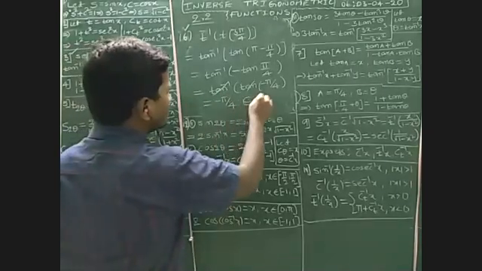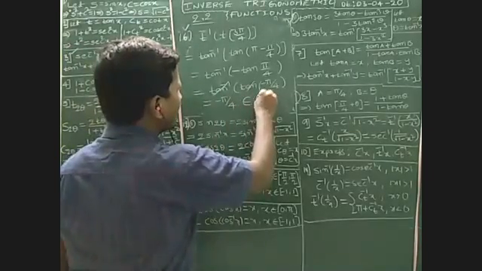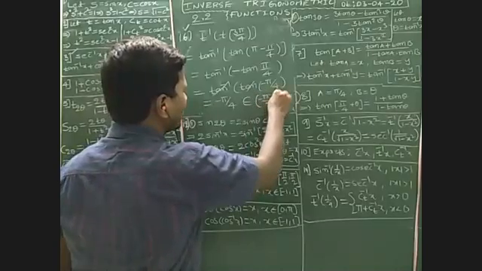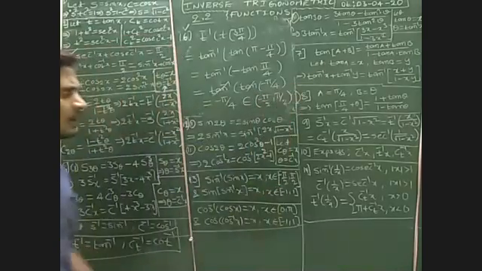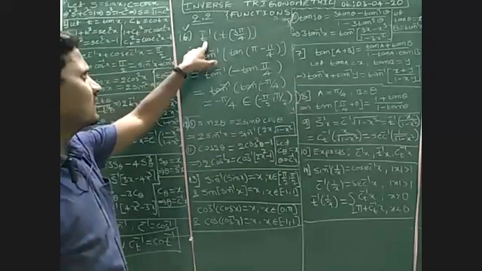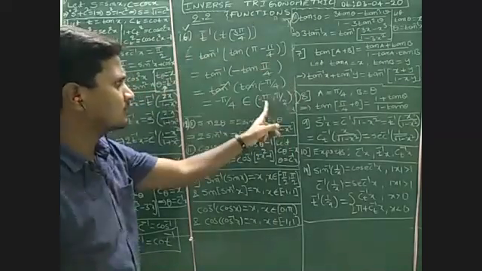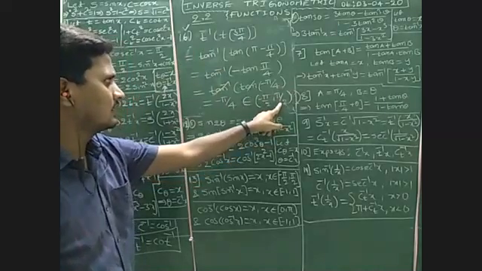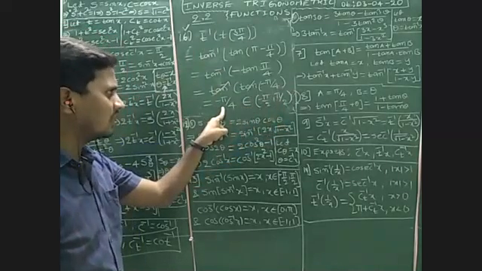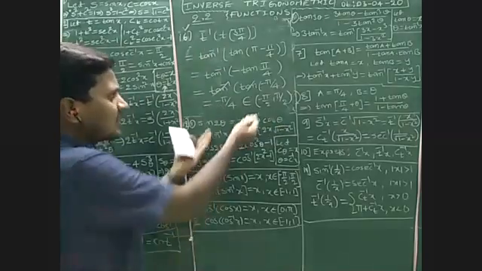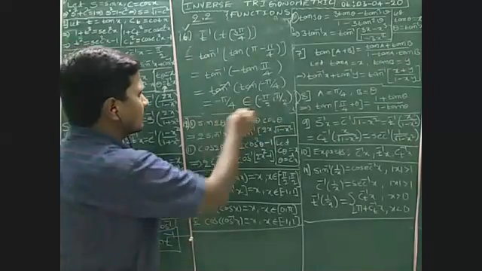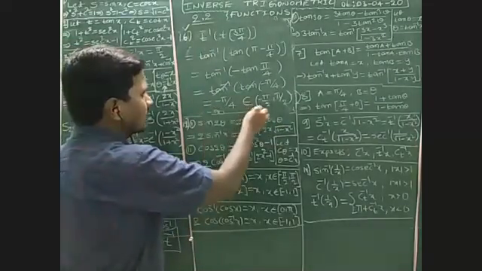Does it belong to the open interval minus 90 to 90? Yes. The given question is related to tan inverse, whose principal value branch is minus 90 to plus 90. We got the answer minus 45. Clearly, minus 45 lies between minus 90 and plus 90.